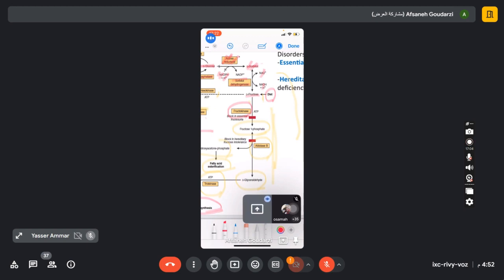If this enzyme is absent, no more conversion of fructose to fructose 1 phosphate occurs, and the person will excrete fructose in the urine. The person will show fructosuria, meaning that fructose appears in the urine.